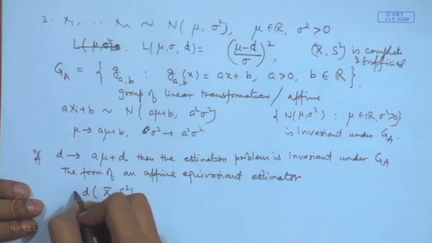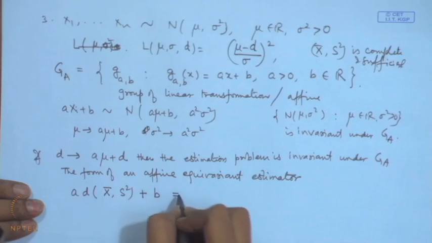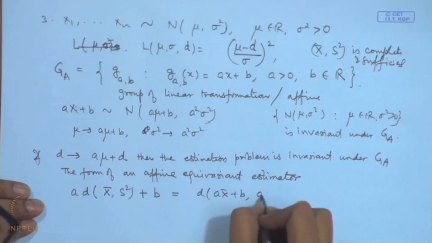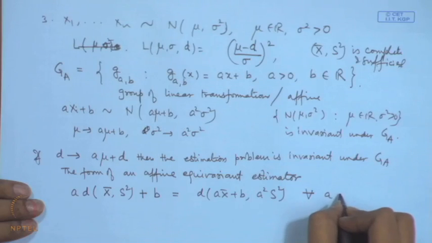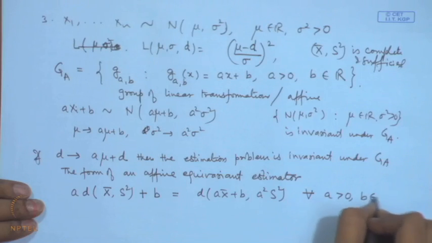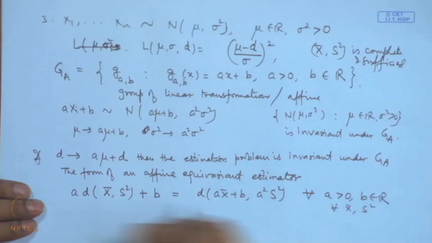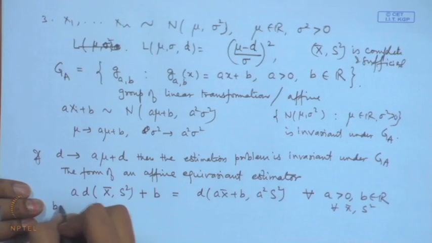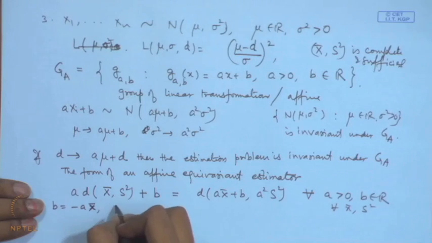So, d of a x bar plus b, a square s square is equal to a d of x bar, s square plus b, for all a and for all b and for all x bar and s square. So, you choose b equal to minus a x bar and a equal to 1 by s.